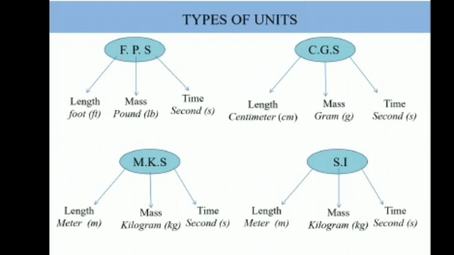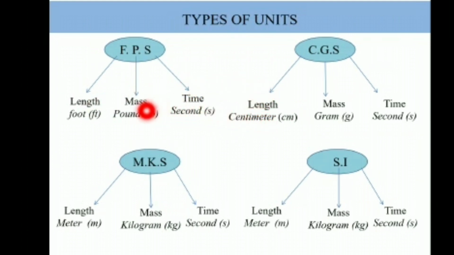So as you can see, in all the four systems of units, only three fundamental physical quantities are measured: length, mass and time, right? But these three fundamental physical quantities are measured using different units.